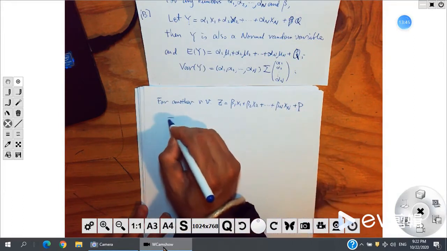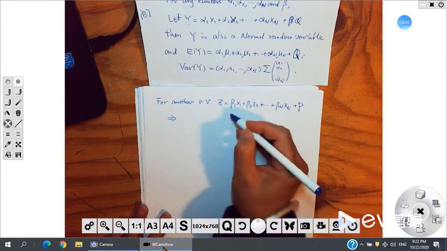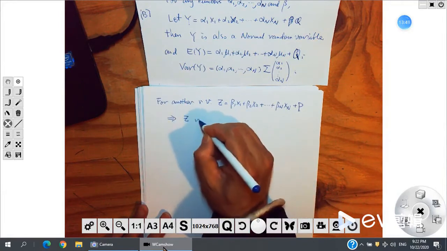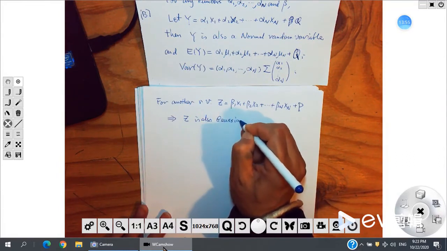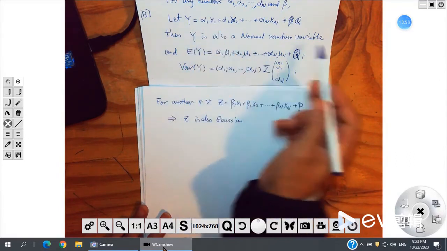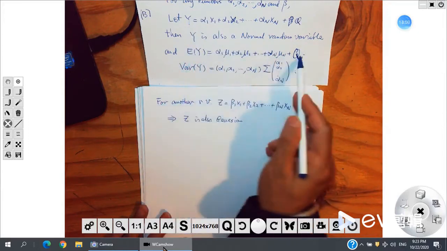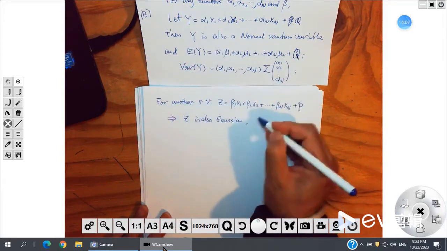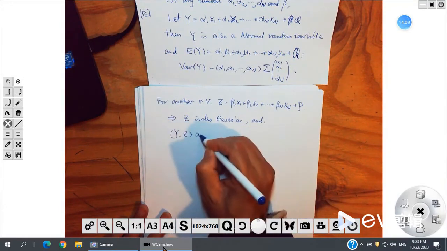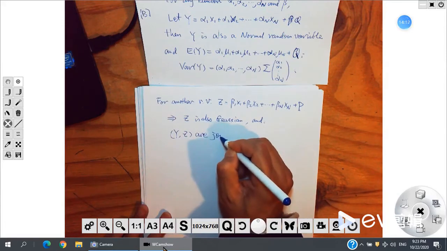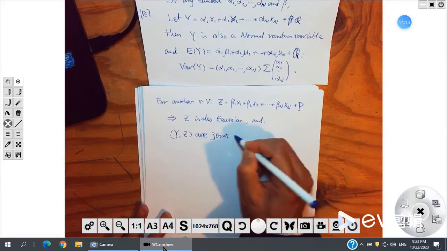z is also Gaussian. Right, similar with y. So we also have this one, and that y, z, they are jointly Gaussian.